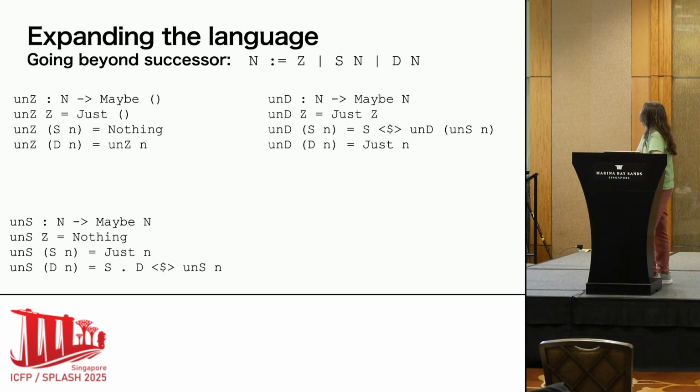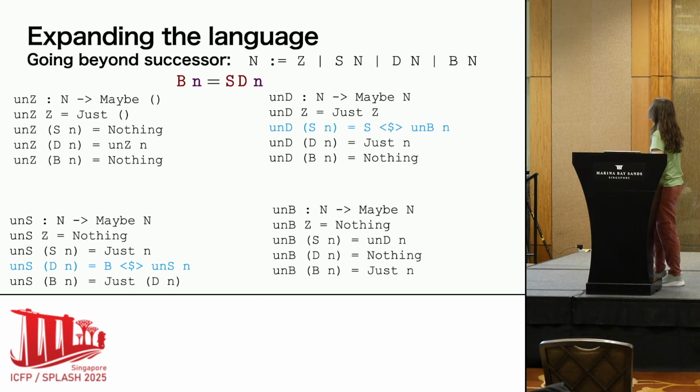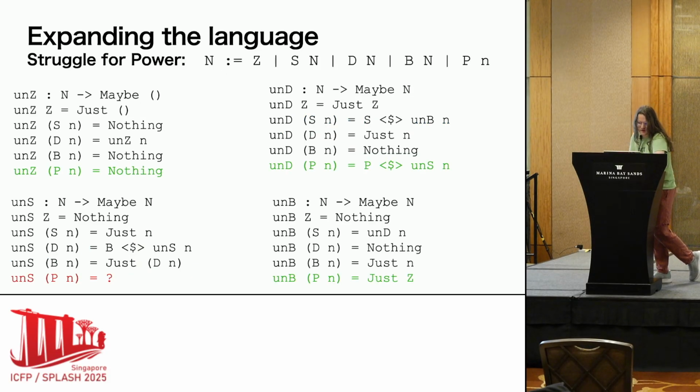And this is kind of unsatisfying because the rest give us just one thing or nothing. So we add an extra operator called bubble, which is definitionally just successor of double of something. And this makes things a bit nicer, namely the lines in blue. And we can easily write the unbubbling logic.